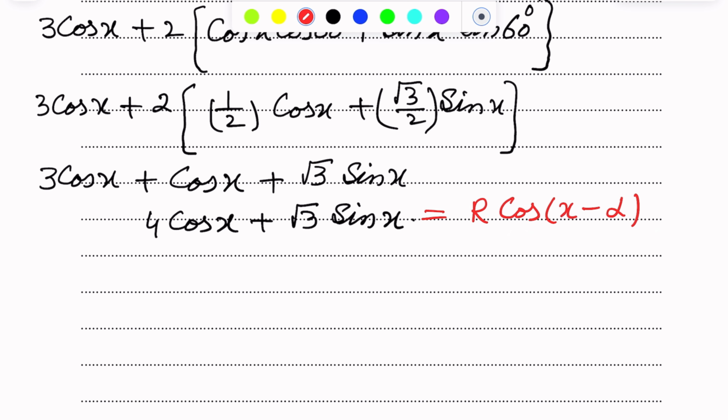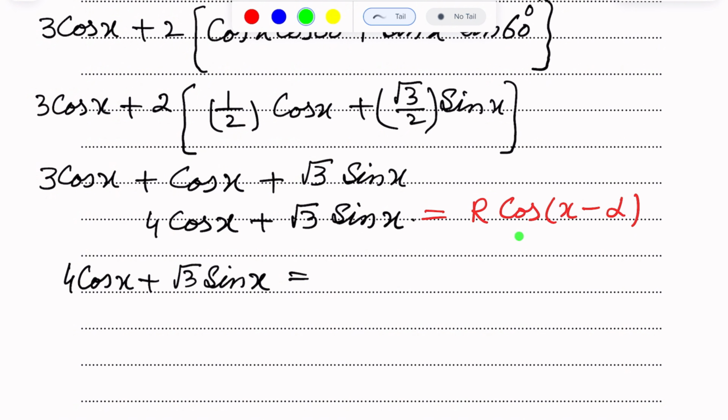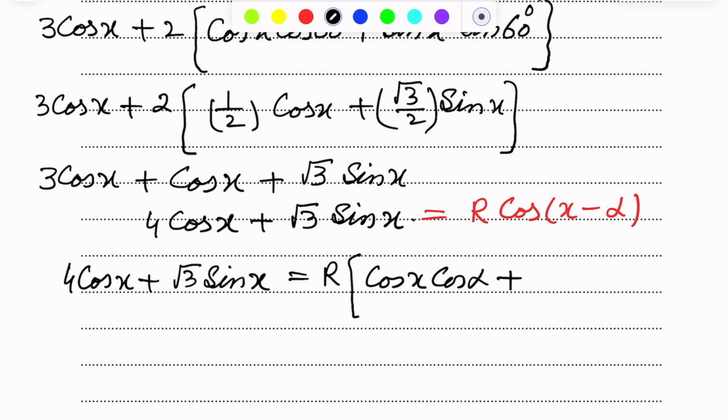Left hand side remains the same: 4 cos x plus root 3 sin x is equal to, and we are expanding this, r within bracket cos x cos alpha plus sin x sin alpha.